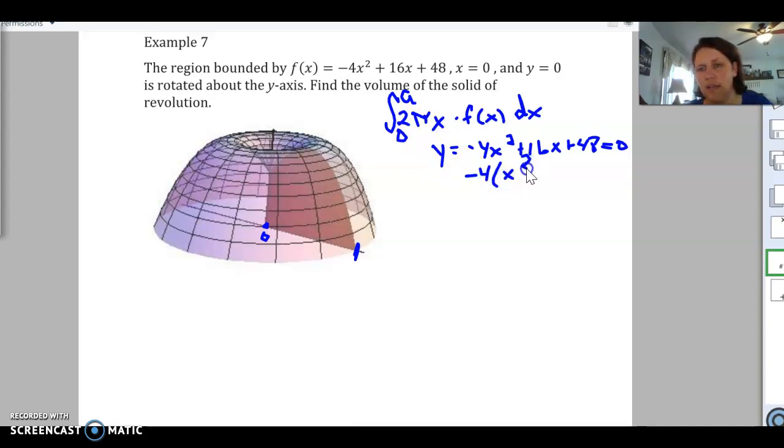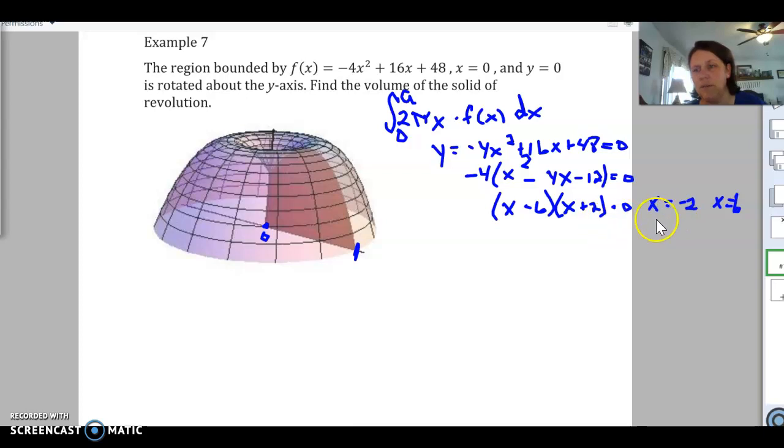And what's left is negative x squared minus 4x minus 12 equals 0. Then I can divide both sides by that negative 4, and then that factors nicely to x minus 6, x plus 2. So that gives me zeros of x equals negative 2 and x equals 6.